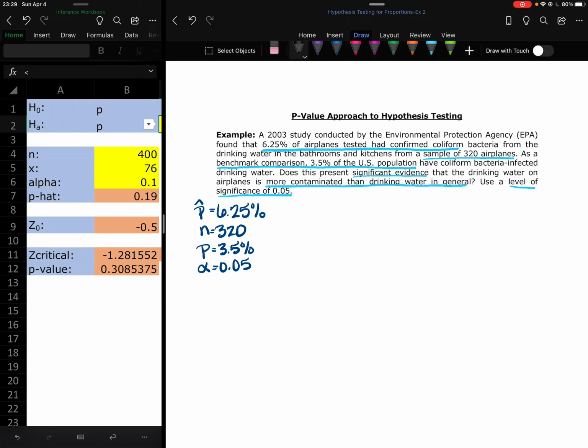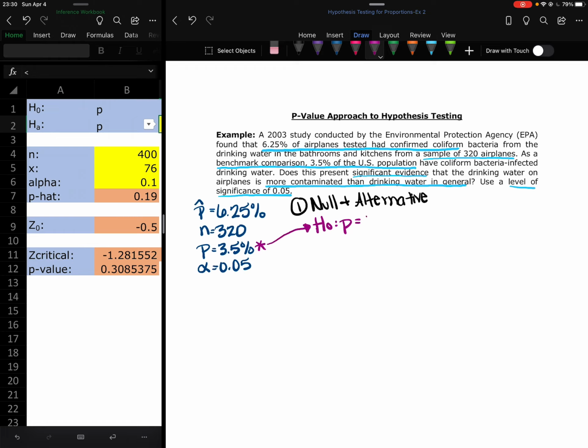So the first thing I'm going to do is write out my null and my alternative. So my null is going to be that the population proportion of drinking water that has coliform bacteria should be equal to 3.5%. Looking at this here, p equals 0.035.